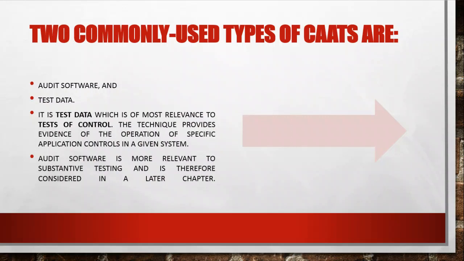Test data is the extraction that the auditor has made within your Sage application to ensure that the Sage application is working properly. So that is test data. The technique provides evidence of the operation of specific application controls in a given system. Audit software is more relevant to substantive testing and is therefore considered in a later chapter. So, for this purpose, we major on test data.